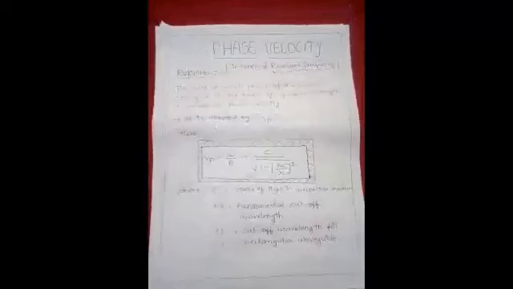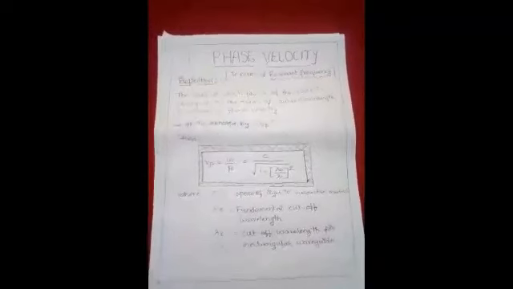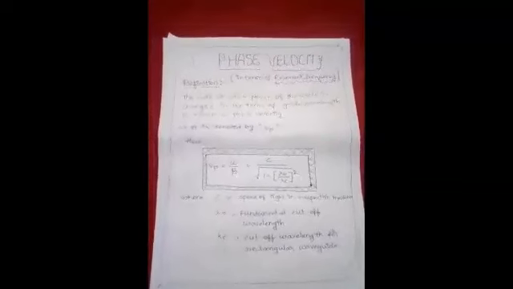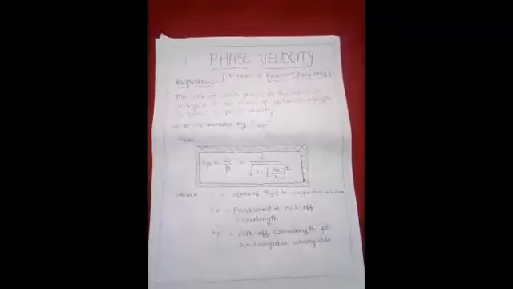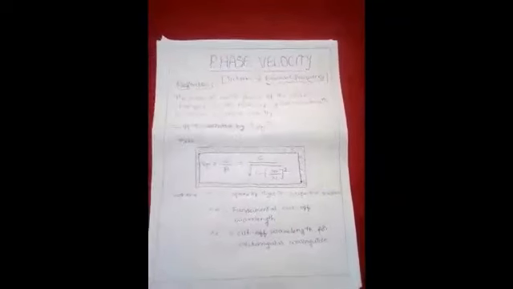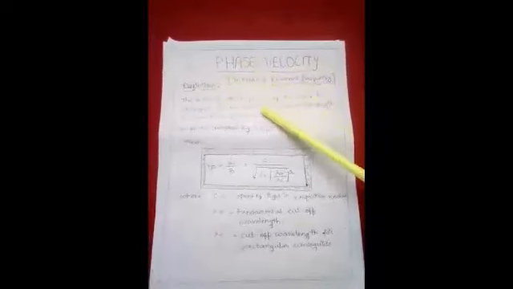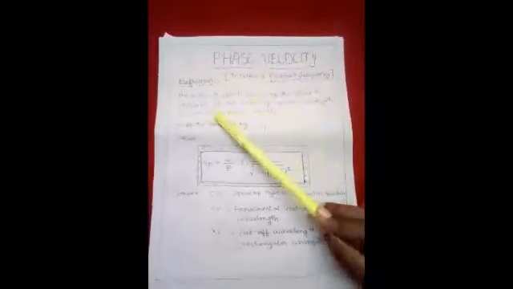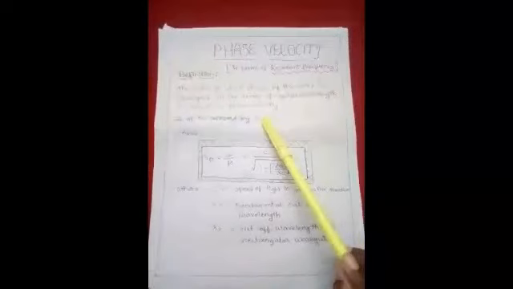Now, coming to the definition of phase velocity, we can define phase velocity as the rate at which the phase of the wave is changed in terms of guide wavelength. I repeat it. The rate at which the phase of the wave is changed in terms of guide wavelength is known as phase velocity.